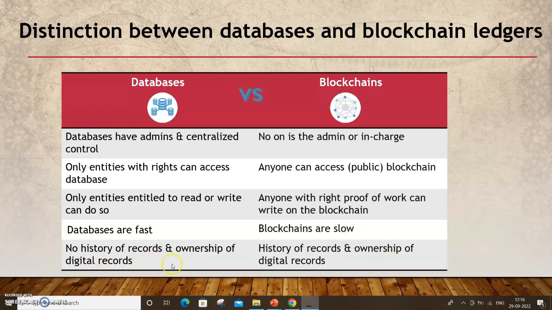No history of record and ownership of digital records. Maybe about a decade or two back, there could be no records of the ownership of a transaction, but these days, due to various regulations and acts, even in an ordinary database, particularly any kind of commercial application or any database for a corporate application, there needs to be a history of records, particularly in all ERP applications.